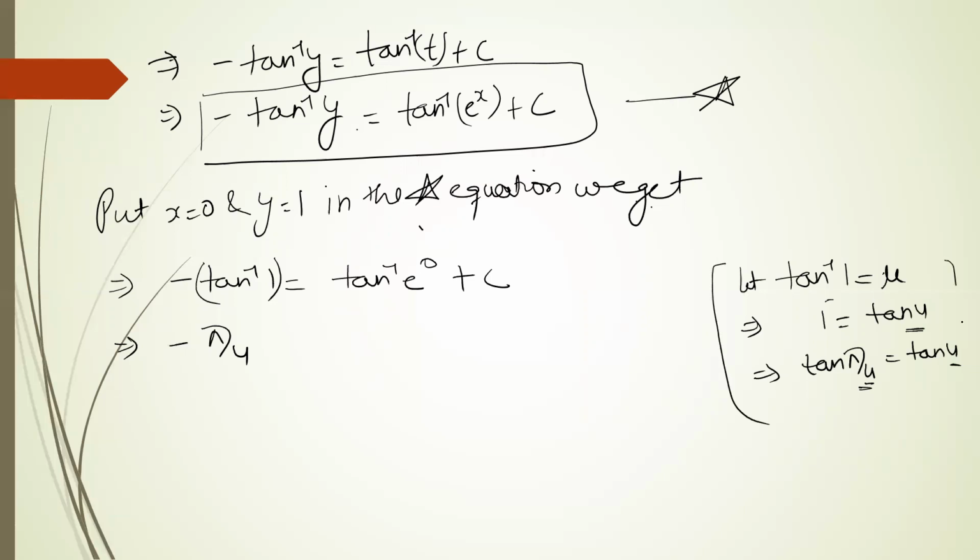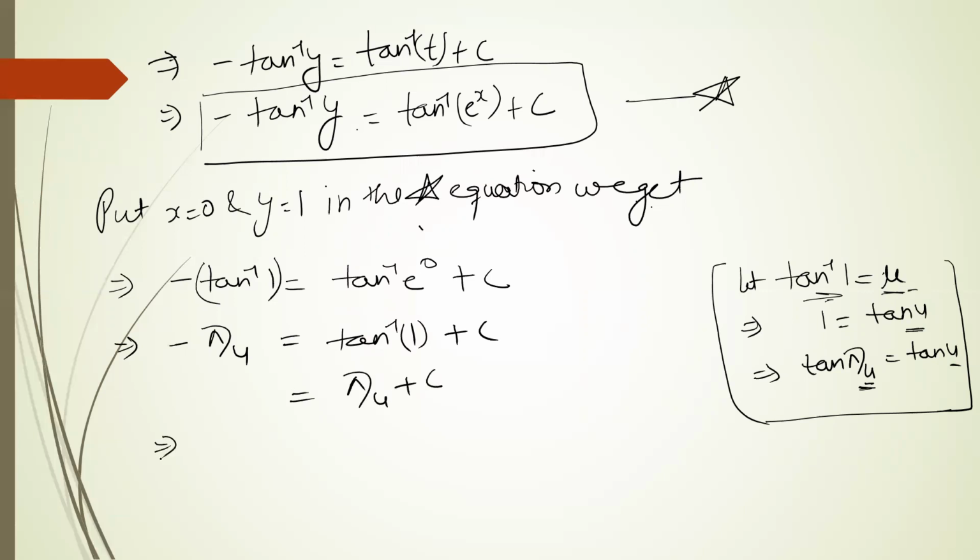So I hope you have understood this. Tan inverse 1 is your u, and the value of this u is pi by 4. So minus pi by 4 is equal to tan inverse e to the power 0. So what is tan inverse e to the power 0? This is again tan inverse 1 plus c, which can also be written as pi by 4 plus c.